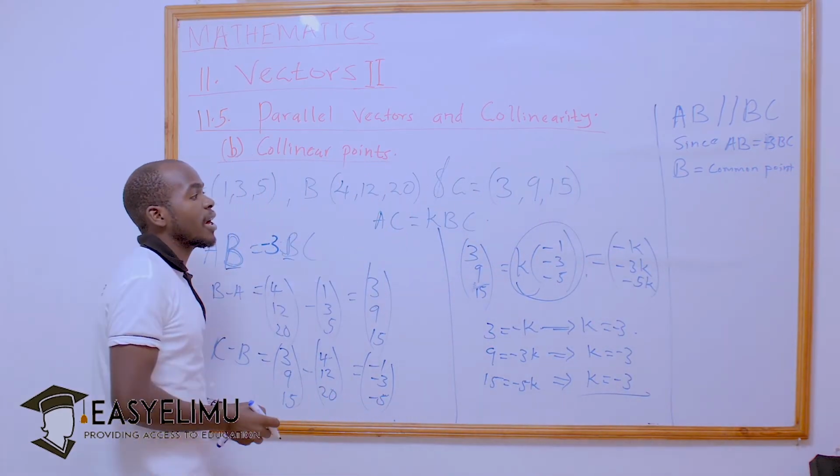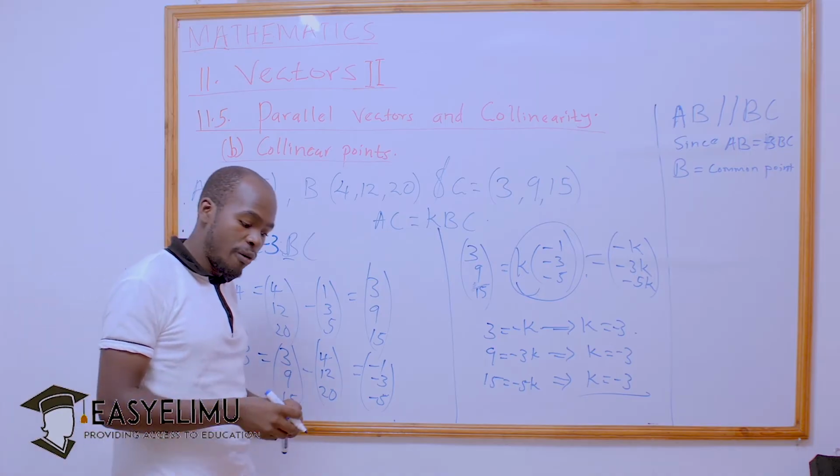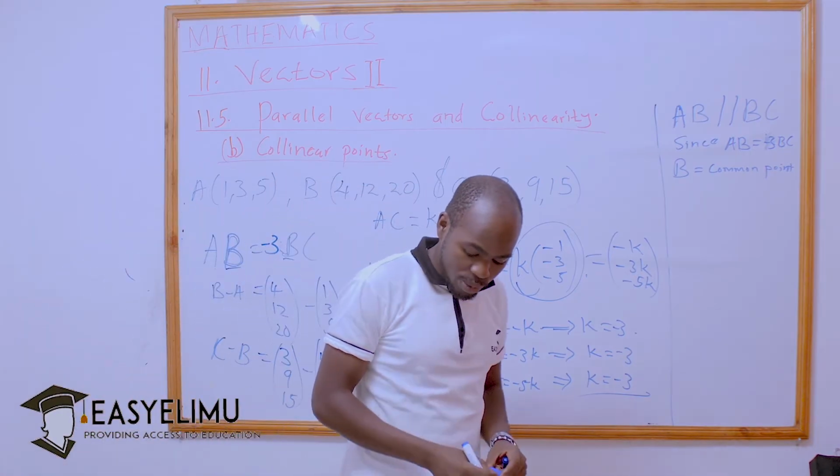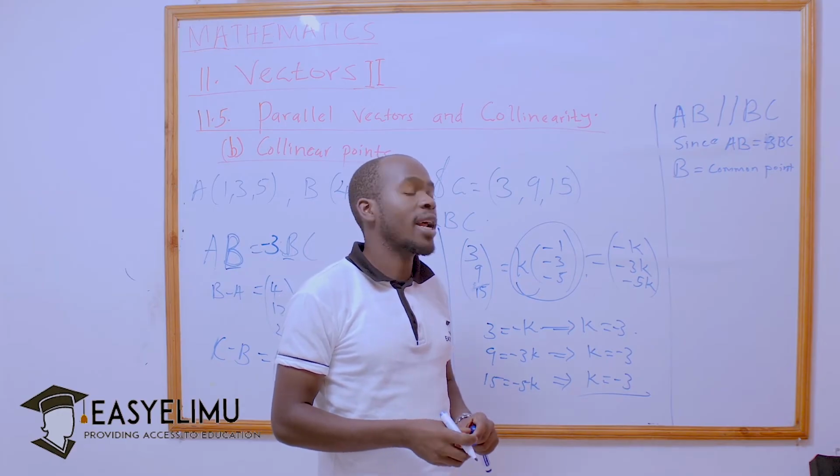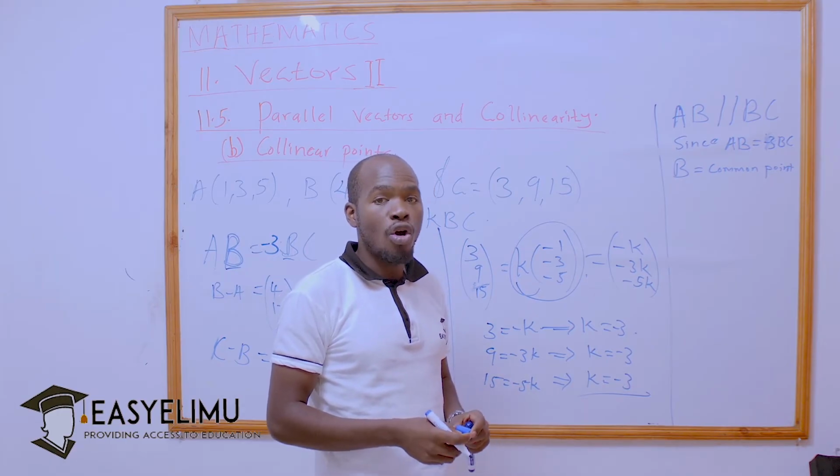So the 3 points are collinear. That's how we find it, and you will use that method to show that any 3 points are collinear.